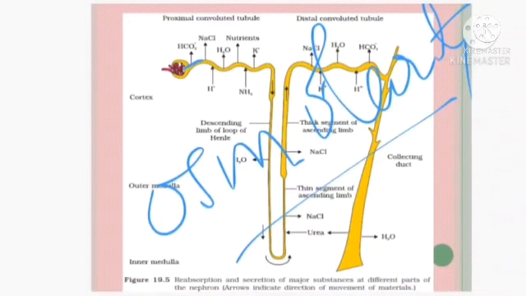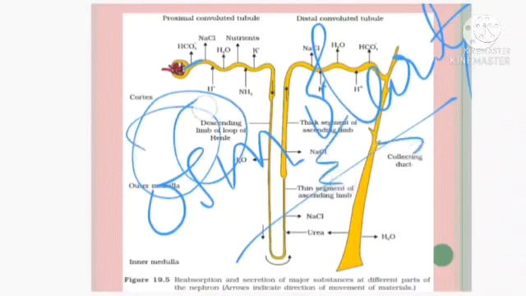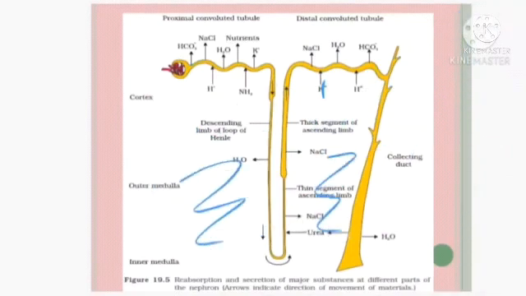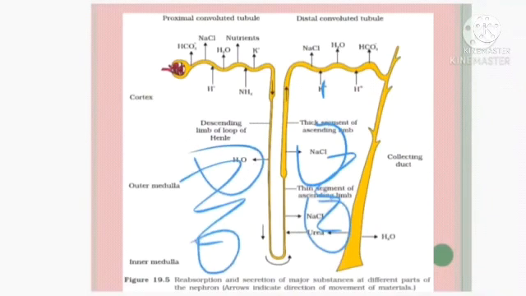Along with that, the fluid which is present inside the medulla, we call it the medullary fluid. In this fluid there should be some ions, salts, NaCl and all, urea. For these to move from one place to another, something has to be secreted by the tubules.